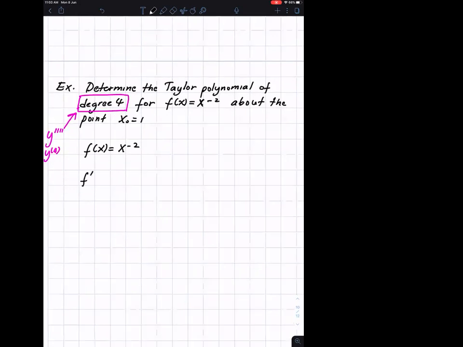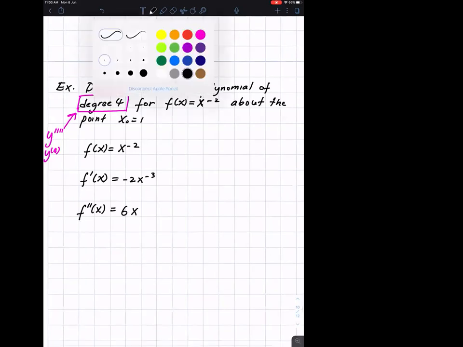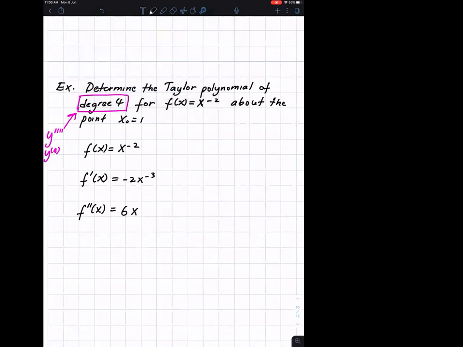Then the first derivative: you bring the -2 here, x to the -3. Second derivative, then you bring the -3 over here. -3 times -2 is 6. Then you subtract 1 from the exponent, and you get -4.